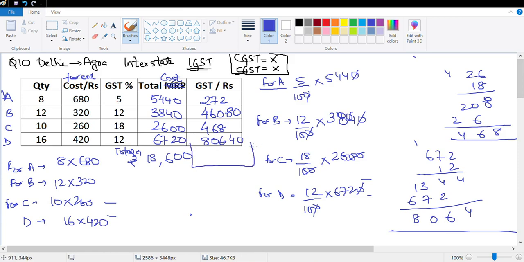Let me add this up. This is 0.20, 1 extra, 3 with 14 that's 17, so 7, 1 extra, that's 8, 14, 20.